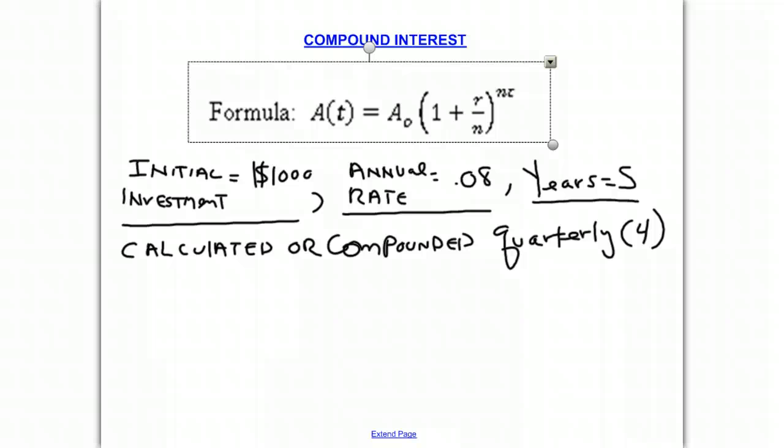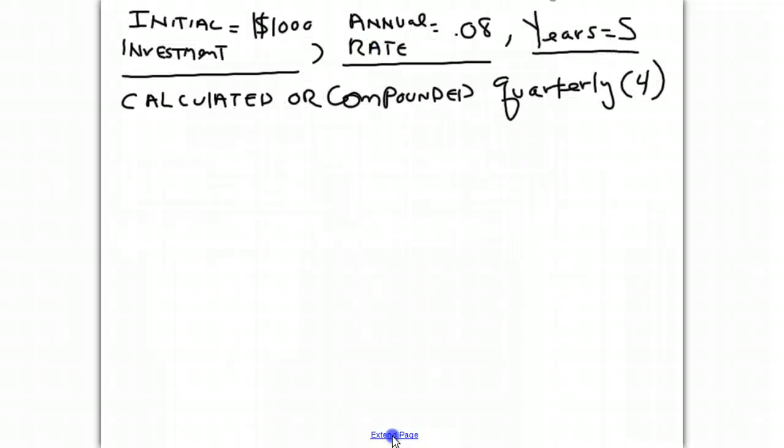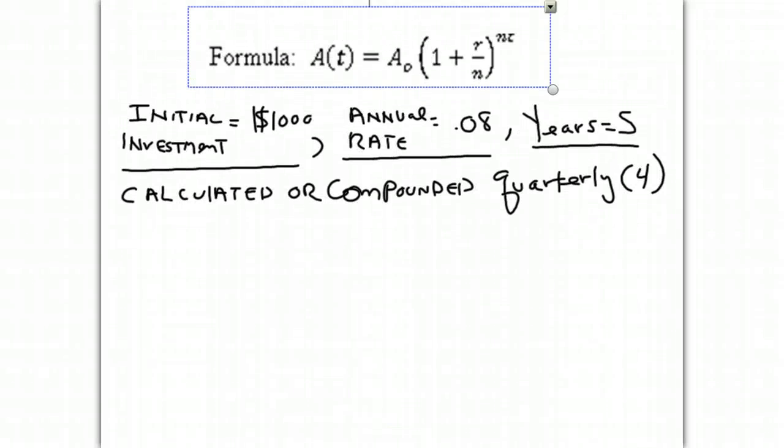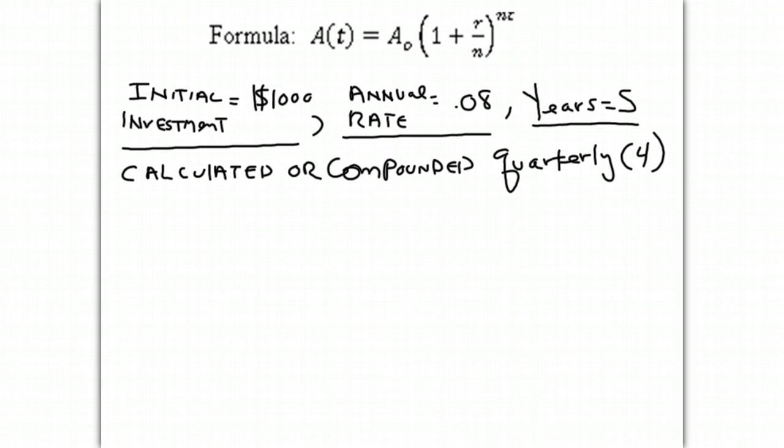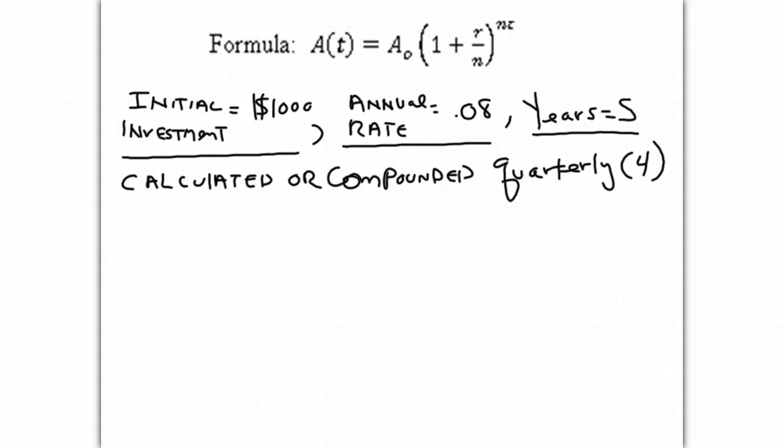Okay, so now we're going to do our problem. And let's make a little bit more room here. So here's our formula. And let's see how this goes. We know that our initial investment is $1,000. That means our A sub 0 is equal to 1,000. So we could put A sub 0 here, just so we remember. Annual rate is 0.08, and that is our R value.